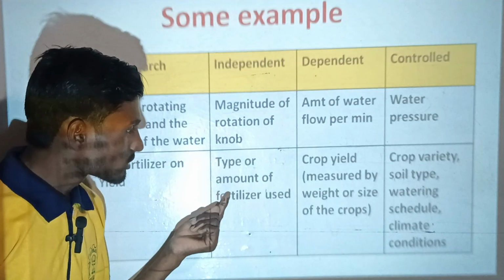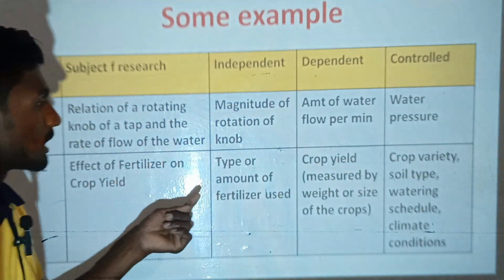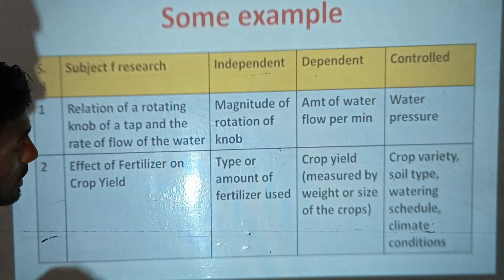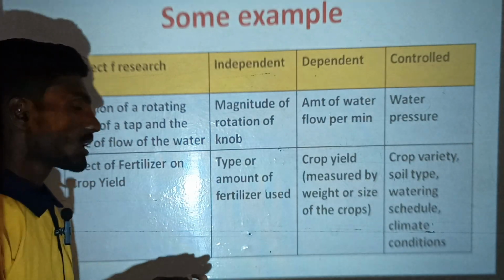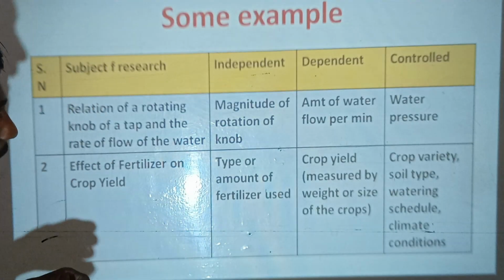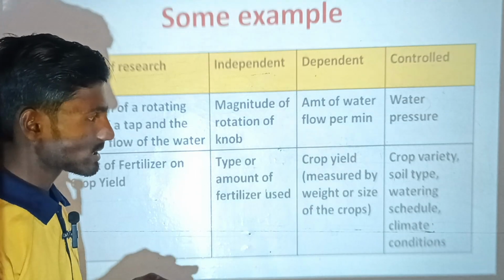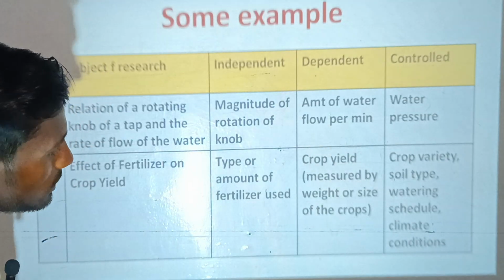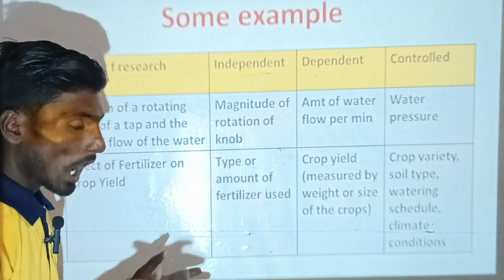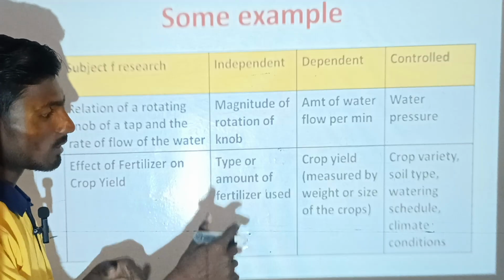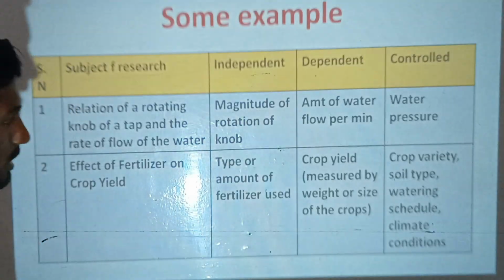Likewise, consider the type or amount of fertilizer used, whatever fertilizer you use in your field and how much you use. If you use 1 kg of fertilizer, then our crops will be healthy, and I can say we grow many more crops.